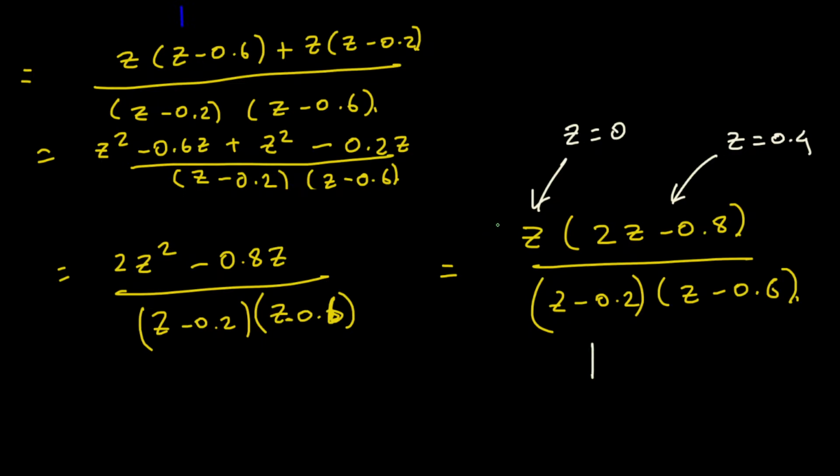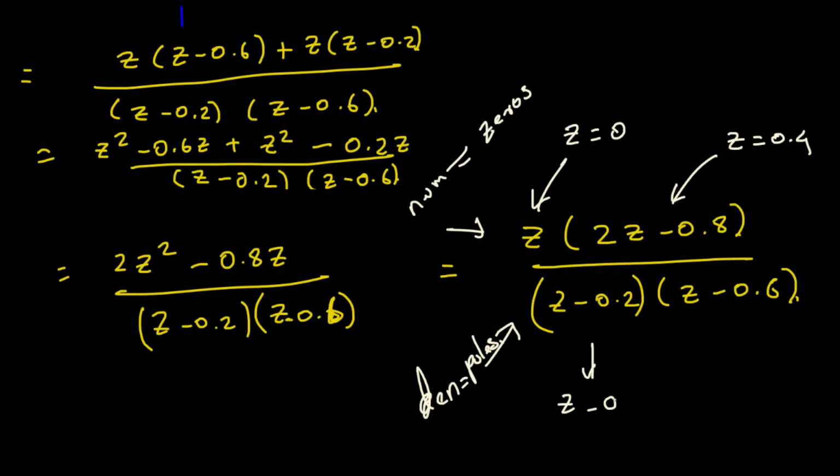So numerator is equal to zeros, and denominator is poles. This one here is Z equal to 0.2, that's one of our poles, and this one is Z equal to 0.6, that's another pole.